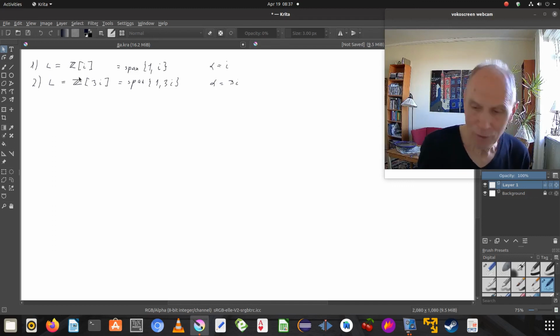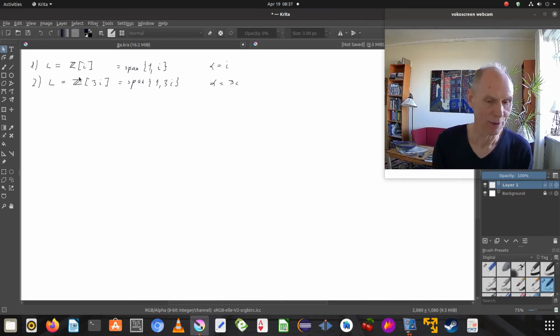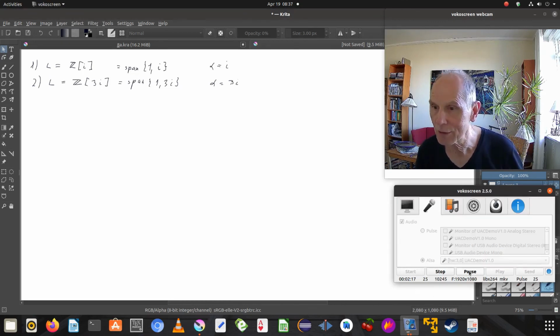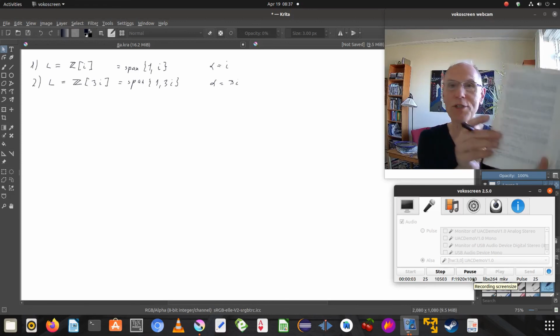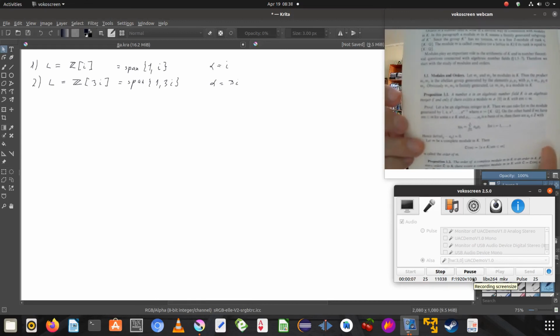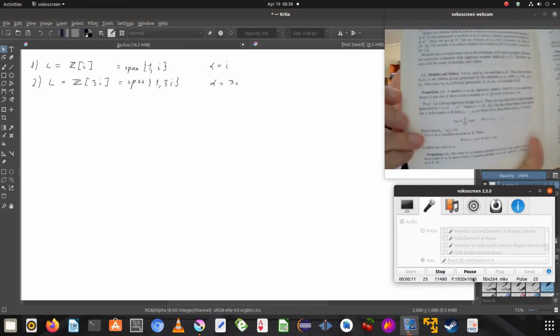And there we have the exact statement. I forgot my glasses, so I'll just get those. I'm back. If we see proposition 1.1, it's not really clear.